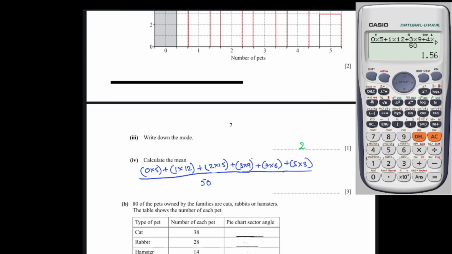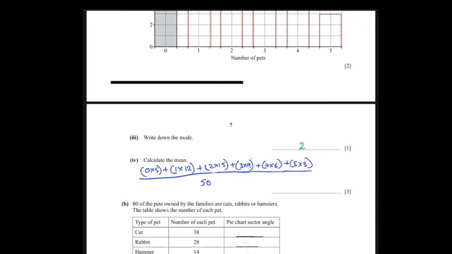Okay, let me change that here. I'll just add now. Plus 2 into 15. 2.16. So this is 2.16. Mean is 2.16.